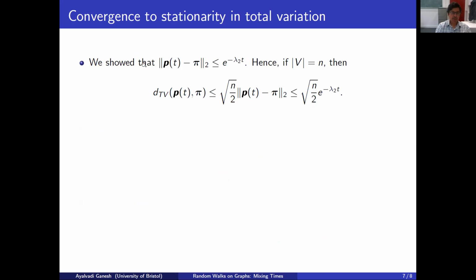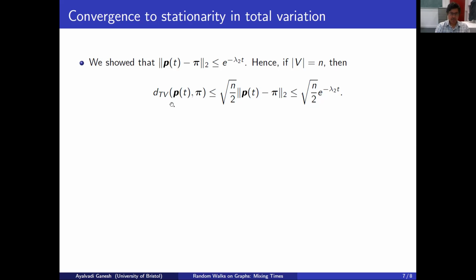So what have we shown so far? We've shown that the Euclidean distance between p_t and pi decreases to 0 like e to the minus lambda 2 t. And so if the cardinality of the vertex set is n, then the total variation distance decreases by, the typo carries through, square root n over 2 times the Euclidean norm, hence square root n over 2 times e to the minus lambda 2 t.